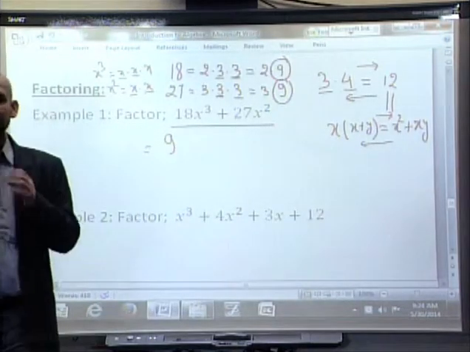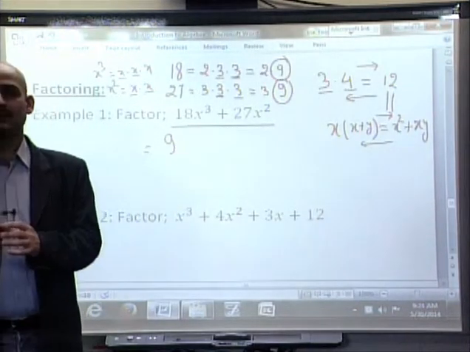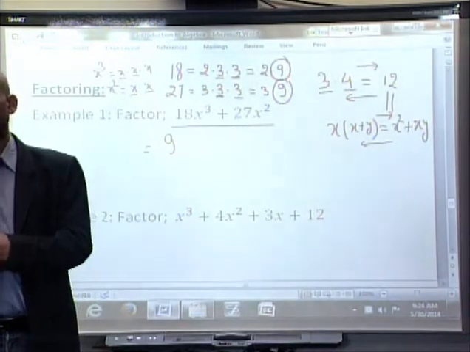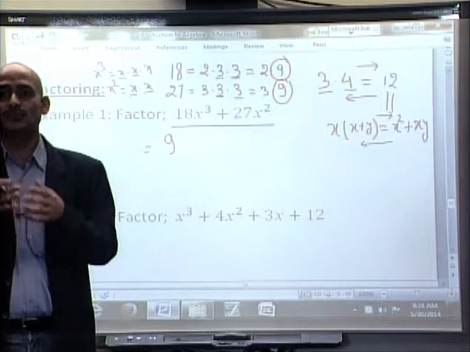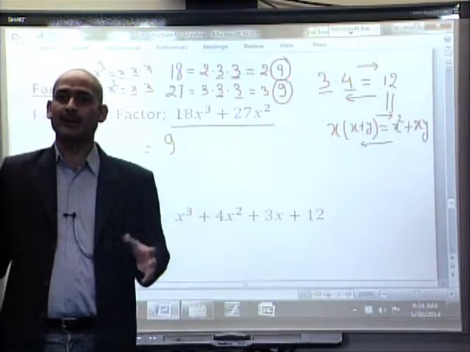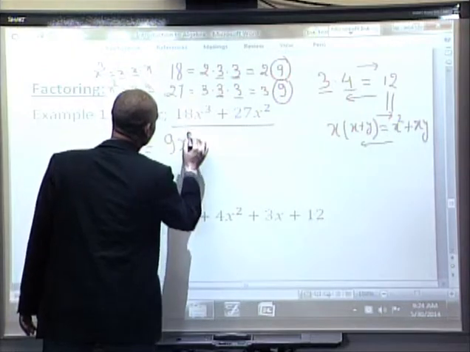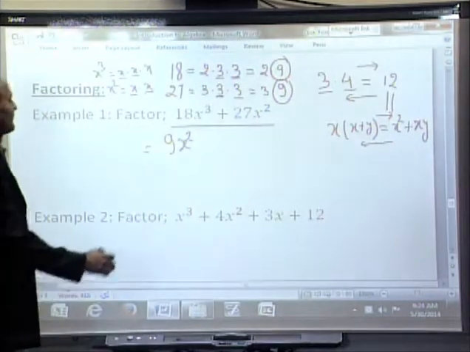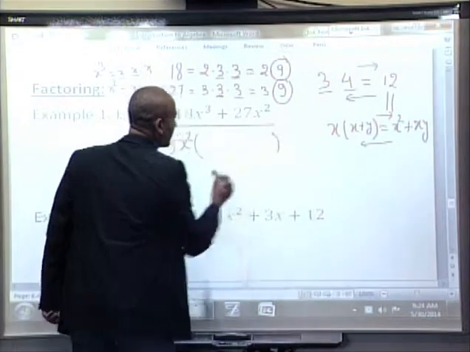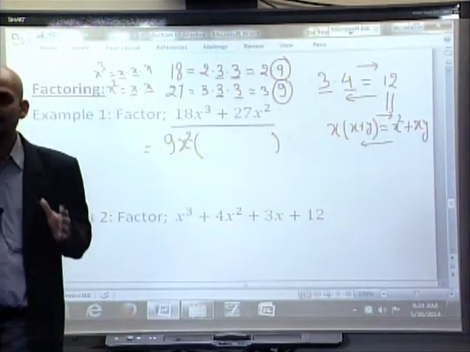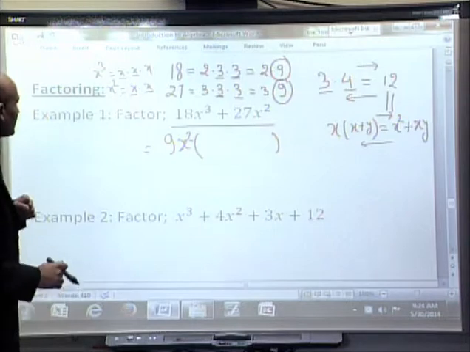That means x times x, which is x squared, is the greatest common factor of the variable part. So we take that greatest common factor of the variable part out and we put the parenthesis around. Recall that parenthesis represents multiplication.